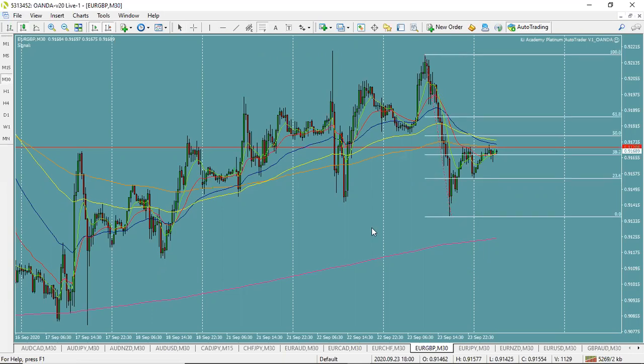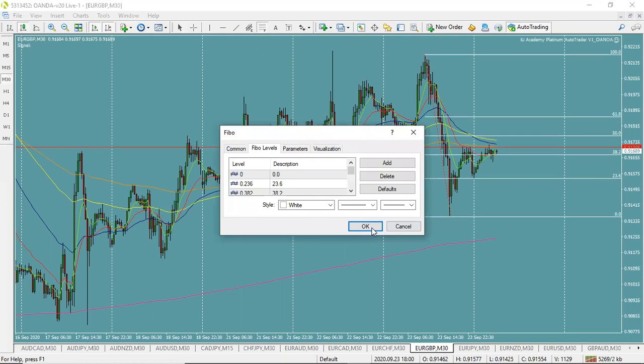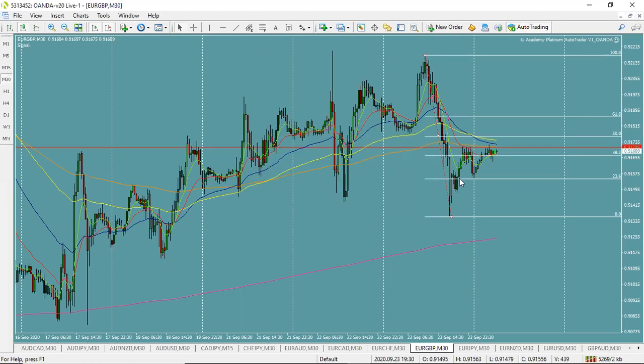And as you can see already, we hit our 23.6 over here, bounced around a little bit, but we did hit our 38.2 and we're sitting there now. Our target is going to be the 50 and the 61.8, and maybe higher because we are above the 720.